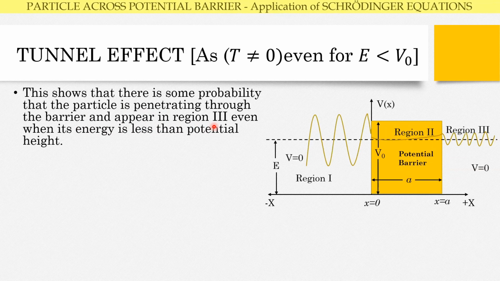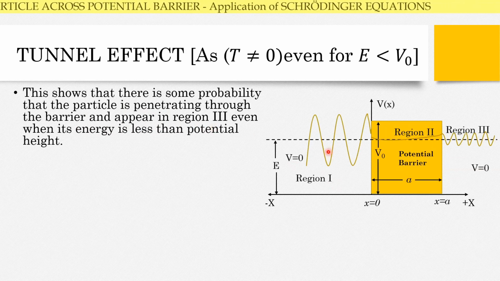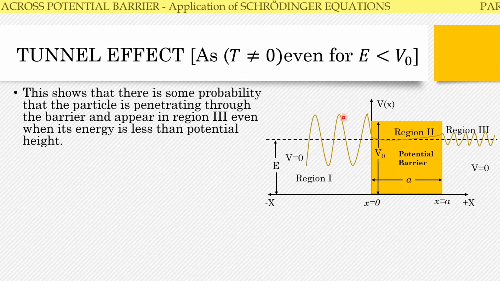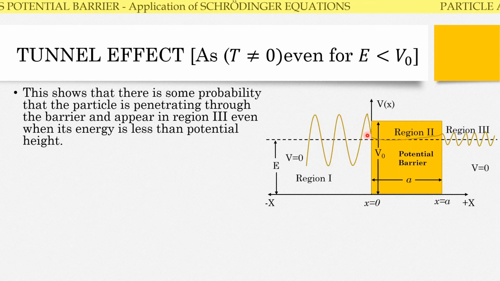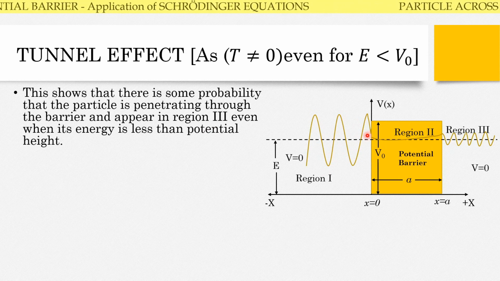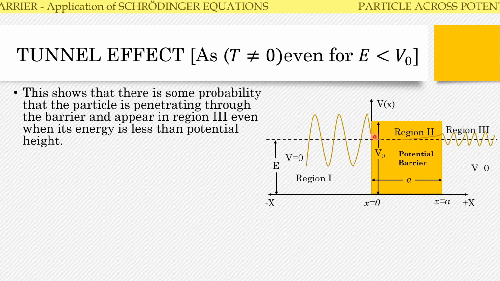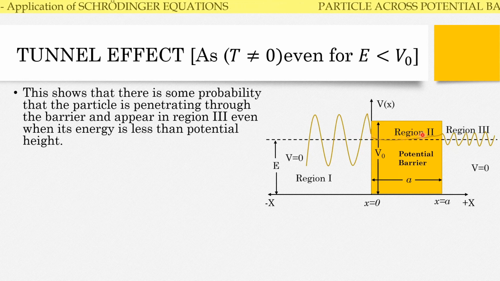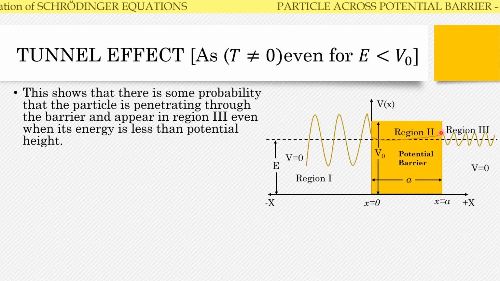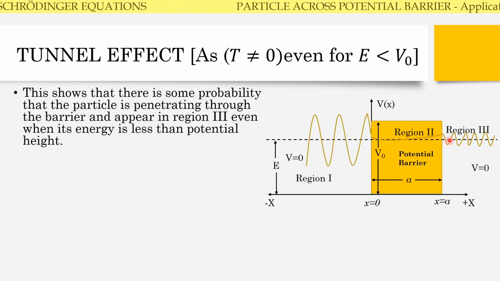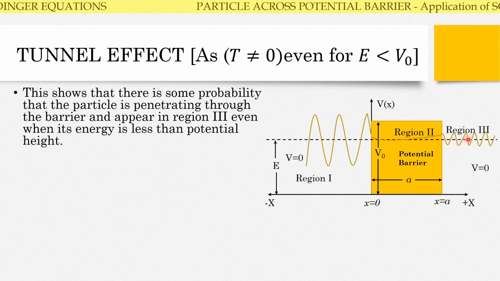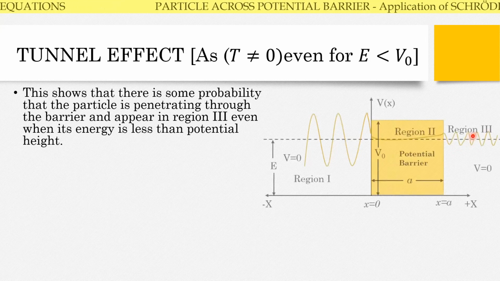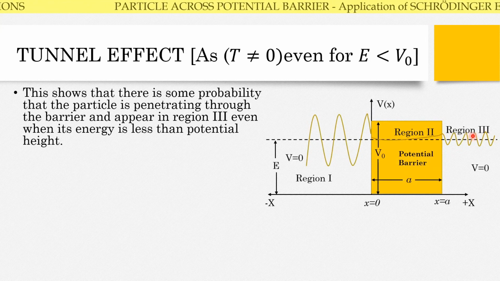This is the situation where the particle shows wave behavior, and since T is not equal to 0, it means that transmission actually happens with this particle, and after crossing this potential barrier it has to appear in region 3, and this is known as the tunnel effect.